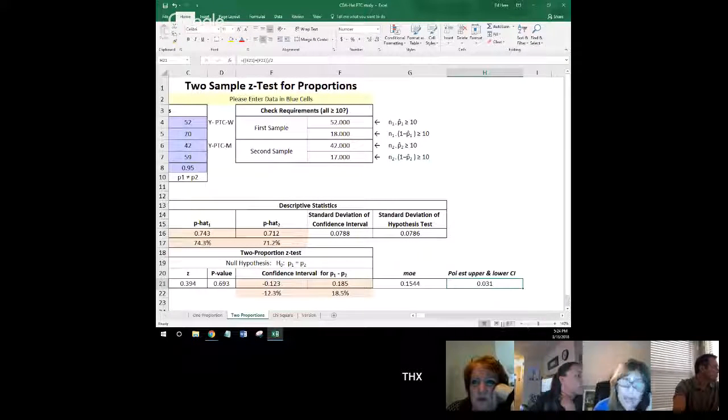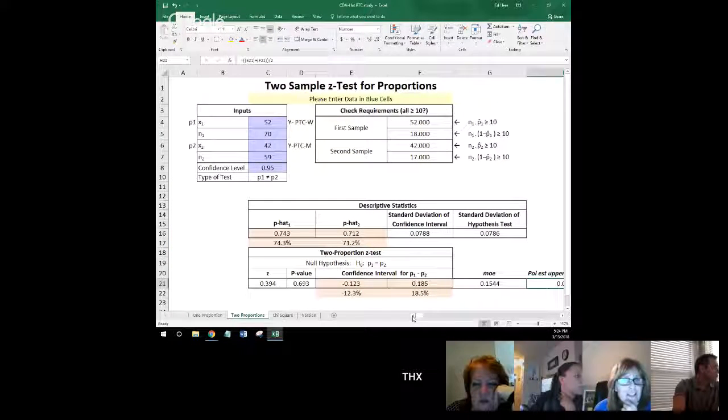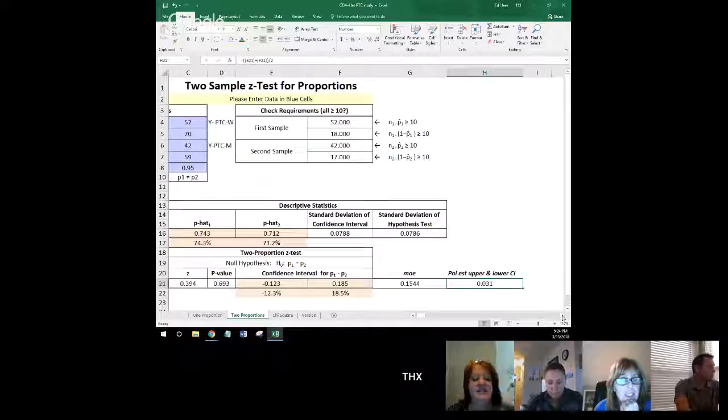Question 7. What is the margin of error for this 95% confidence interval? 0.154. Right? I concur. That's what I got. Now, where did you put that on the spreadsheet? In G20 and G21.